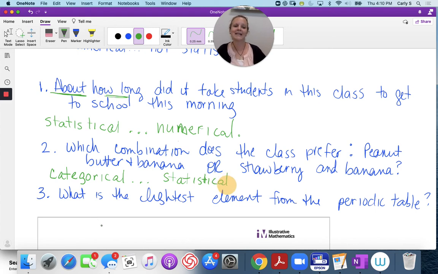What is the lightest element from the periodic table? If you're taking your algebra class in the chemistry room, you're going to look at the wall and see, oh, there's the periodic table. Which one's the lightest? So it's not statistical because there's one correct answer. And I would say it's not numerical because you're going to get an element for an answer.